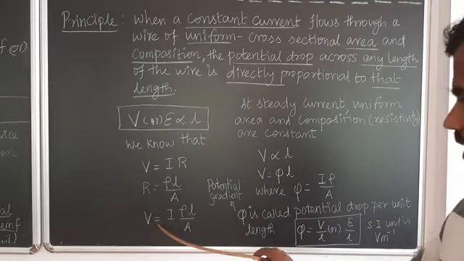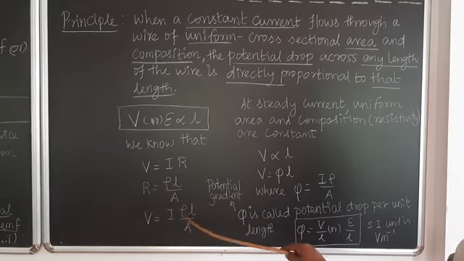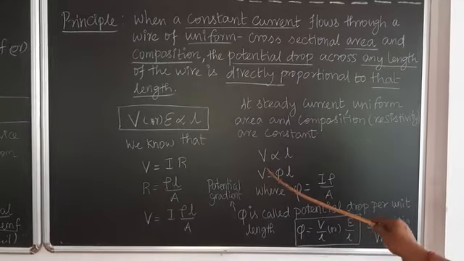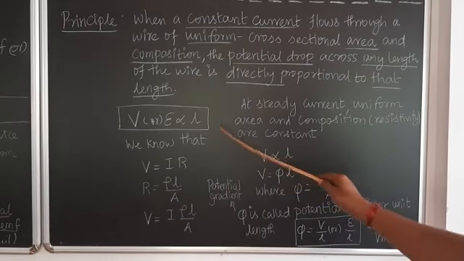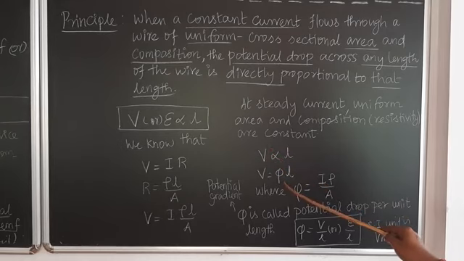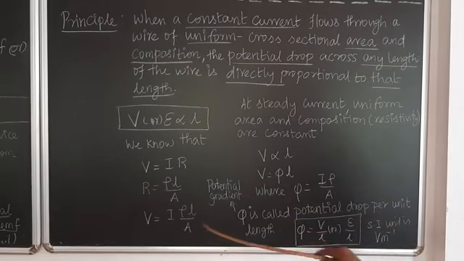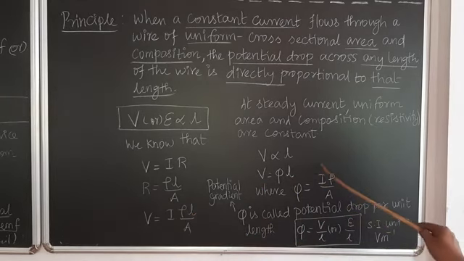So, V is equal to I, and instead of R I substitute rho L by A. Again I can write V is directly proportional to L. If we remove the proportionality, I add one constant, phi. V is equal to phi L, or E is equal to phi L, where phi is equal to I rho by A. Why? Because I, rho and A are all constant.